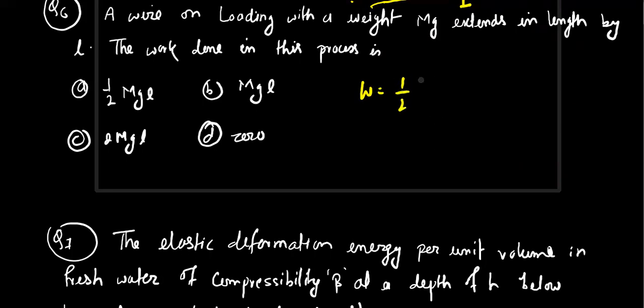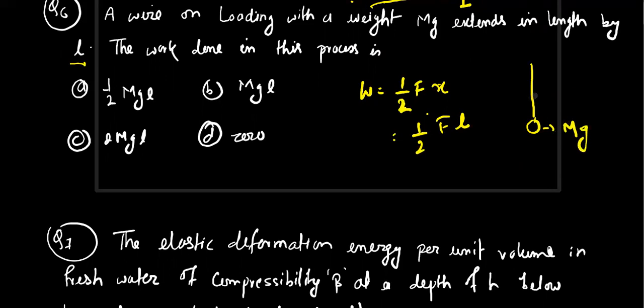during extension is stored in the form of energy. So the expression for energy is 1 by 2 F times extension, and here the value of extension is given as L, so 1 by 2 F times L. The wire is attached with a load of mass M, and its weight is mg.